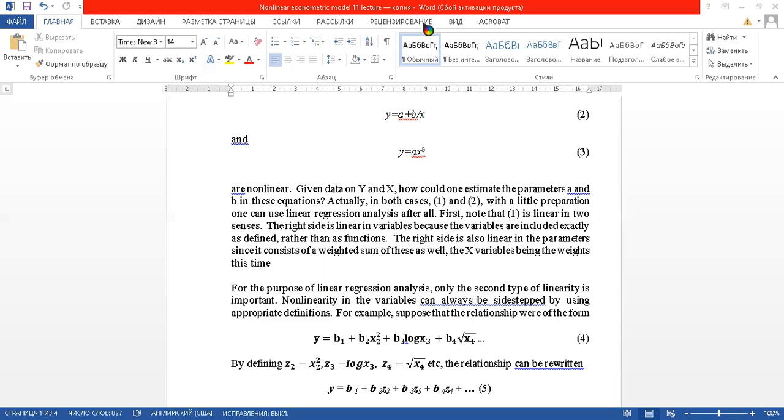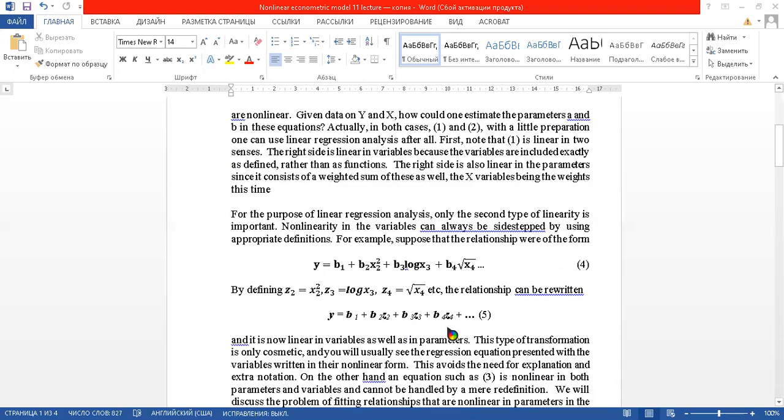For example, suppose a relationship where y is a function of variables of the firm. By defining every function of variables as a new variable, the relationship can be written in linear form.